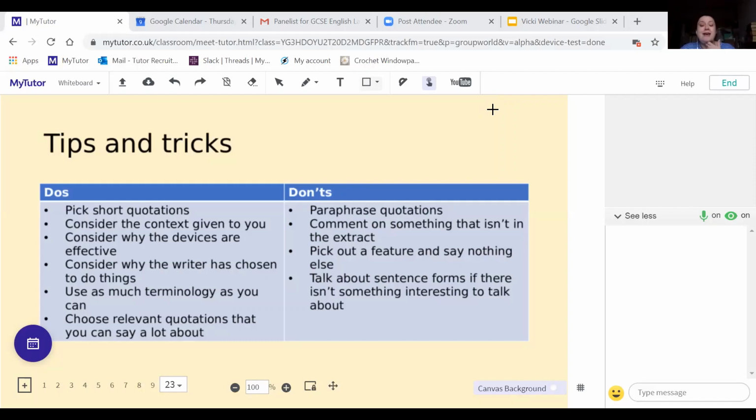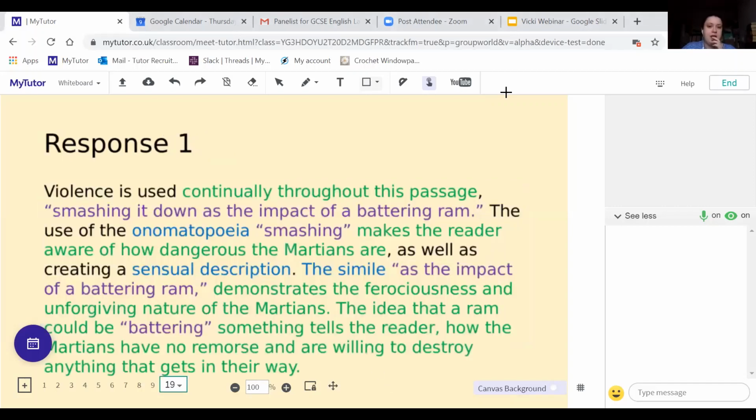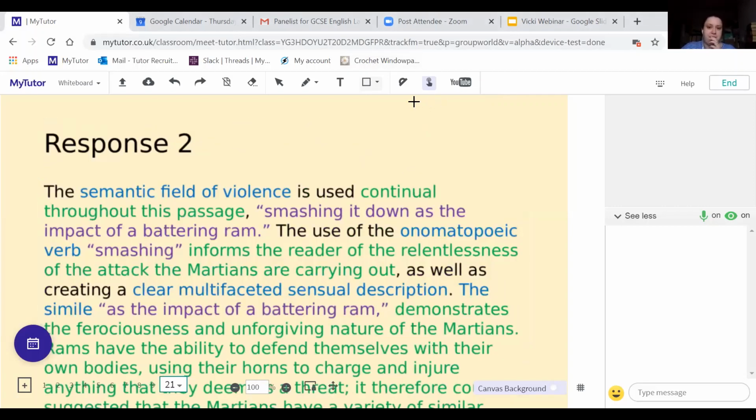Do your basic level, so here you can see that I've done my basic level and then I've taken it much further. I've made my point, here's my evidence, and then I zoom in a little bit more, so some more evidence, more terminology, then I do my basic level analysis.